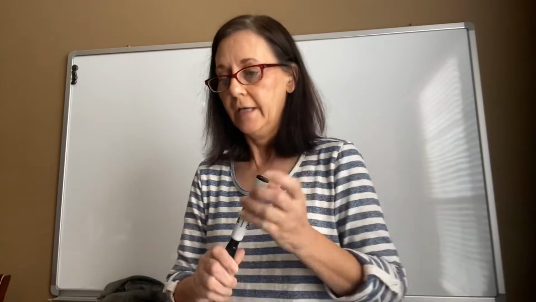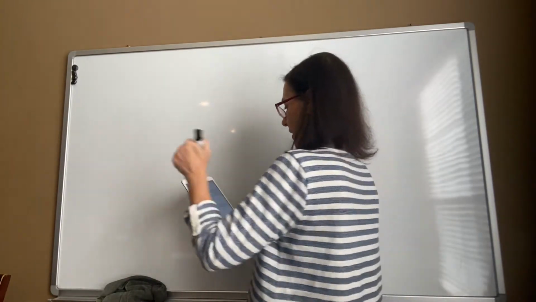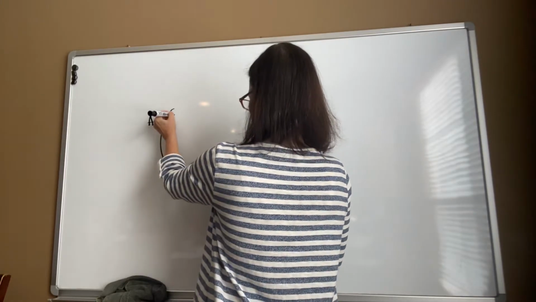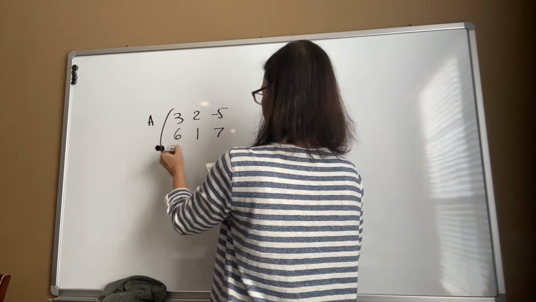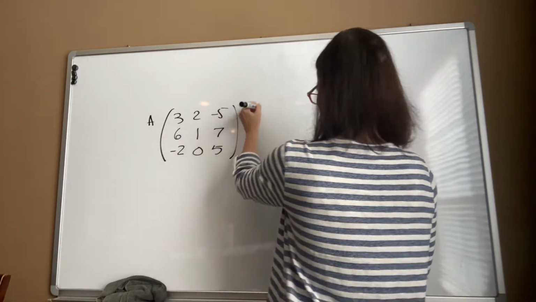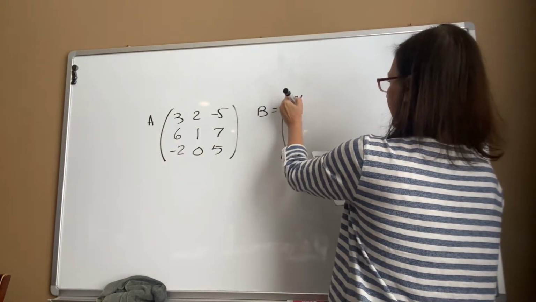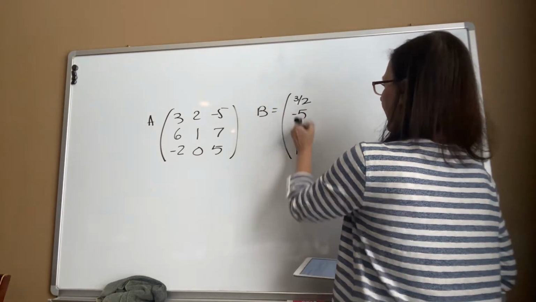Let's look at the dimensions of a matrix. So if you're with me on page 804, look at matrix A. It's 3, 2, negative 5, 6, 1, 7, negative 2, 0, 5. And B matrix is 3 halves, negative 5, 0, and 12.